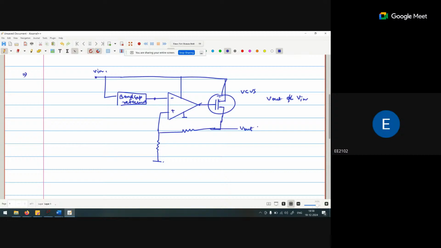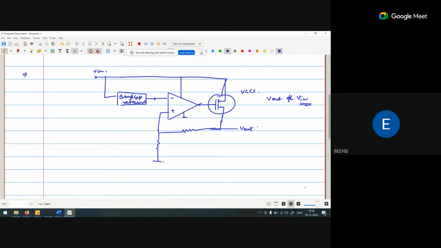The reason is, if battery voltage V in reduces, the output voltage is constant, because this particular battery voltage is only used to operate the band gap reference voltage.